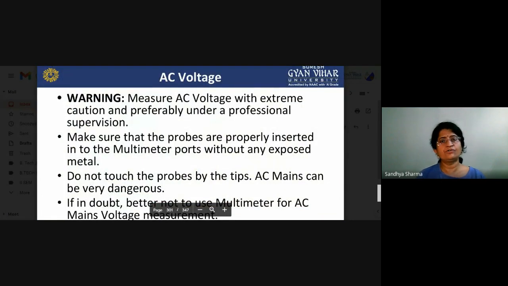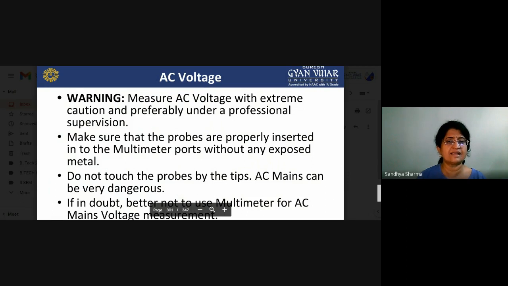Now, if you want to measure the AC voltage, what will happen here? There is a warning, because AC signal is dangerous for us. So measure the AC voltage with extreme caution and preferably under professional supervision. It's not so simple; it may be risky. Make sure that probes are properly inserted into the multimeter ports without any exposed metal, so don't touch the probes by the tips.